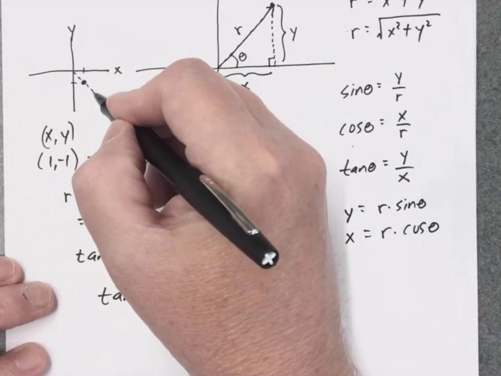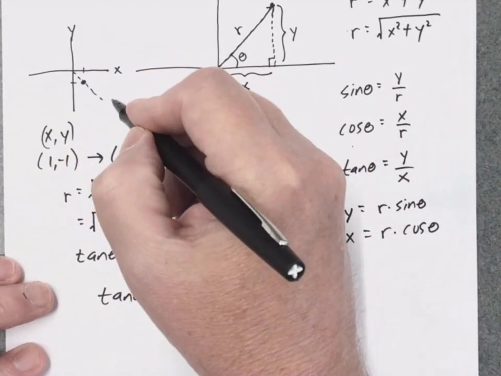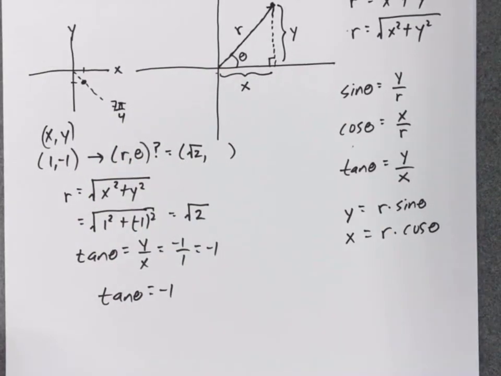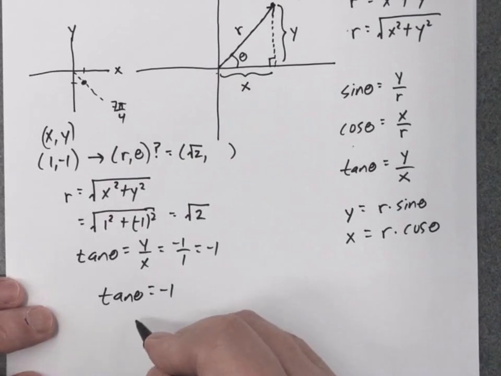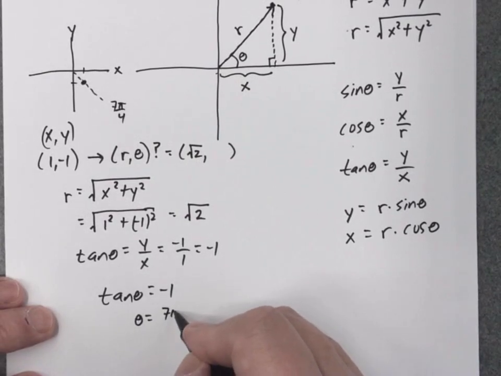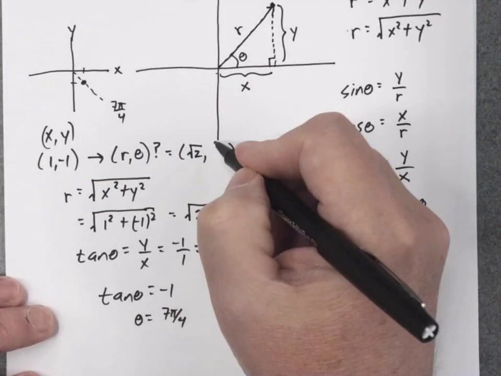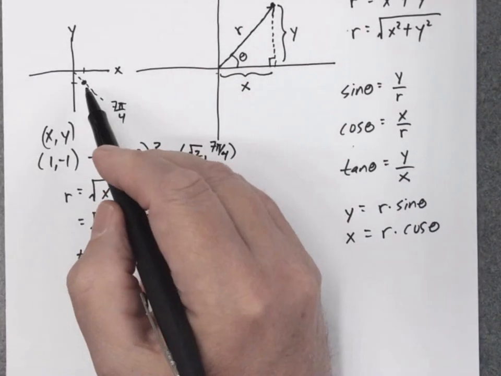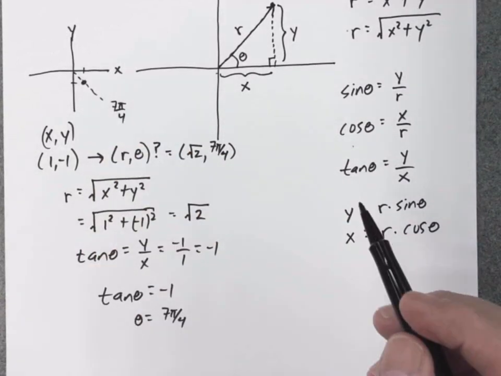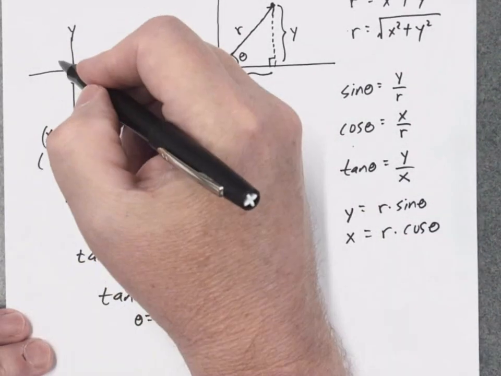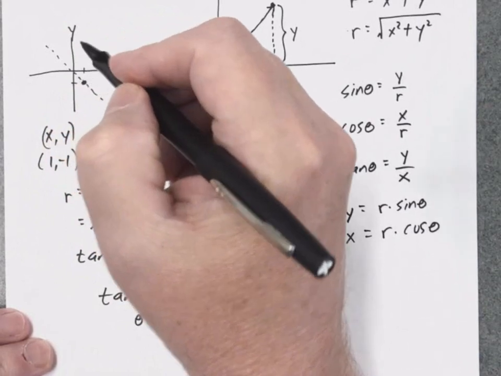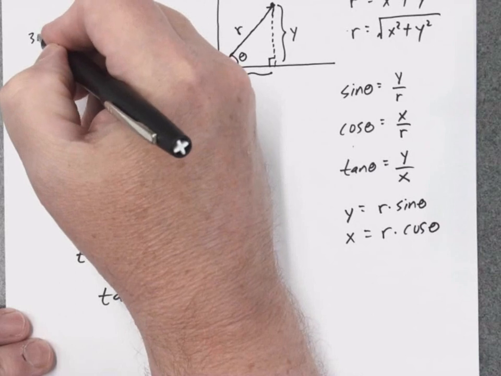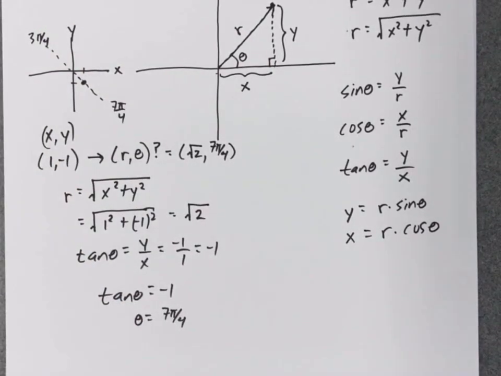That occurs right here at 7π/4. Now this is why we need to plot the point, because the tangent in quadrant 2 is also -1. So if you weren't being careful, someone might have put the answer as 3π/4, but that's obviously not correct.